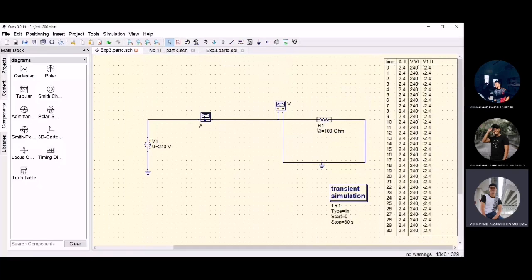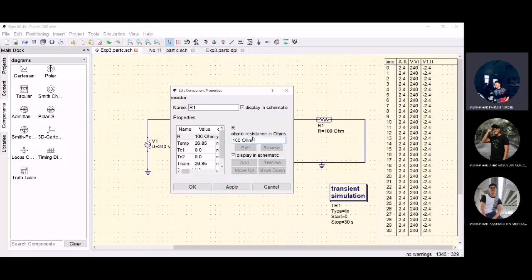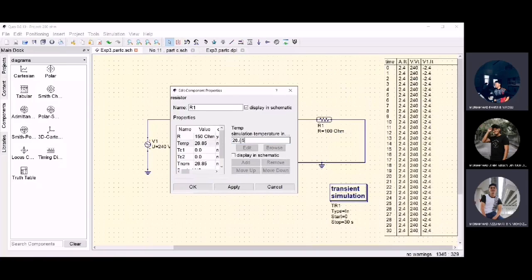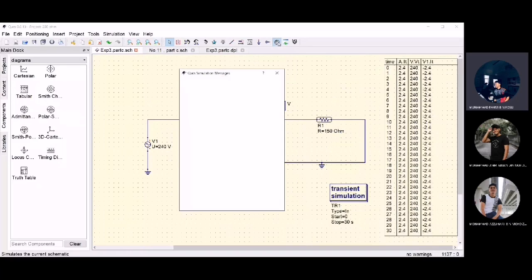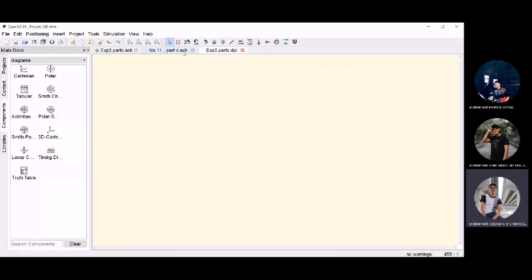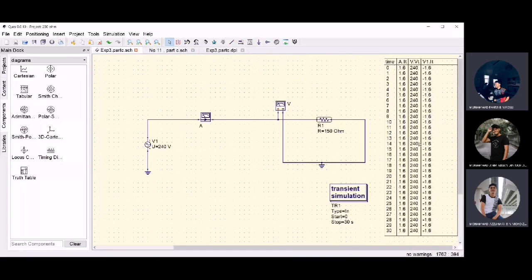We can see that if we change the value of resistance, we will get a new value of the current. As we can see, the higher the value of the resistance, the lower the value of the current.